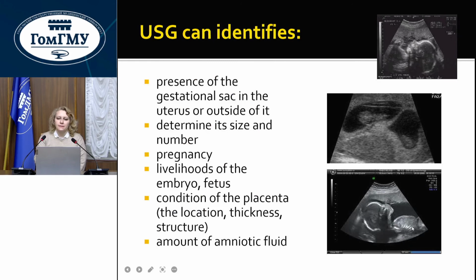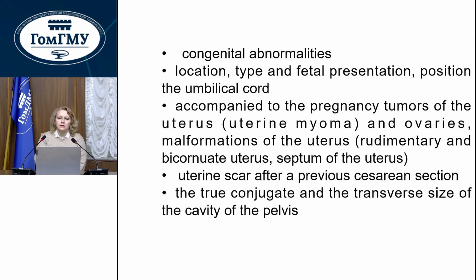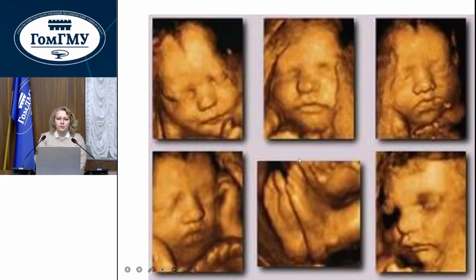We can see the embryo as well, and we can detect the condition of placenta and the amount of amniotic fluid. We can see congenital abnormalities if it is necessary, and any other problems on the uterus. It can be tumors like myoma, it can be ovarian pathology, it can be scar, and any other problems.